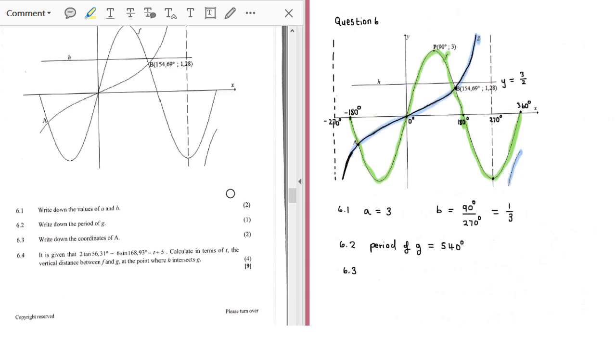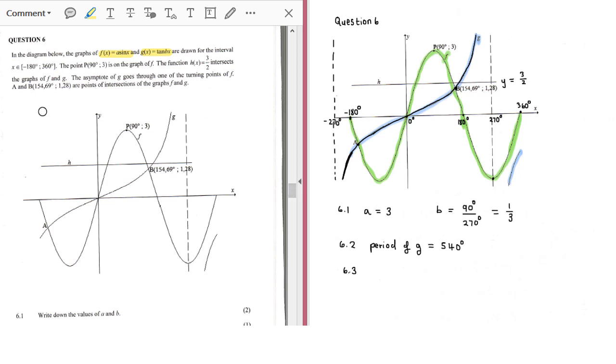Write down the coordinates of A. So the coordinates of A is going to be this point over here. A is related to B, those 2 points are the points of intersection. So it is going to be a reflection of this point B from the first quadrant into the third quadrant.